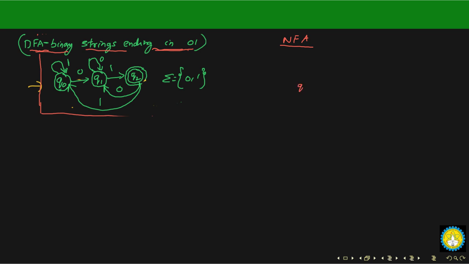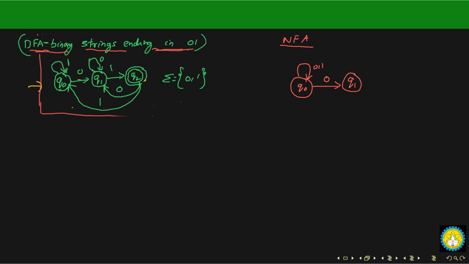So if I'm getting started at Q0, I can say that as long as I see a 0 or a 1, I can stay at Q0. Now I can have a transition on 0 here again. Upon seeing a 0, I can also go to Q1.